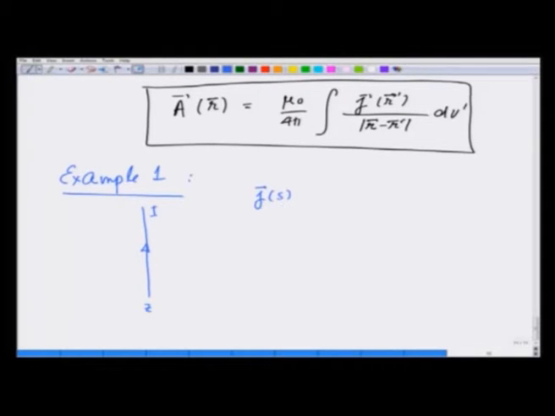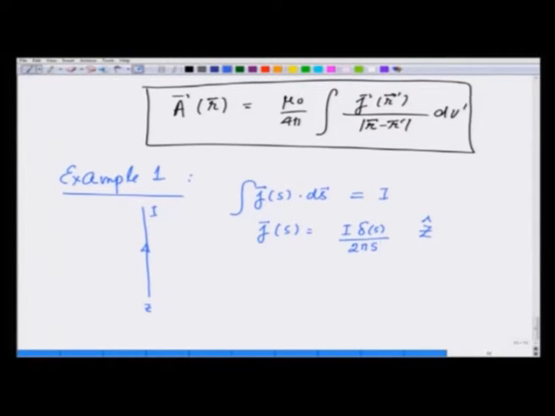You see, current is going only at s equals 0, right, and I know by definition current density dot ds should be equal to I. Current density is going in the z direction, its magnitude is I, it is only at s equals 0, where the density becomes infinite, and to normalize I am going to divide by 2 pi s, and that is it. That is the current density.